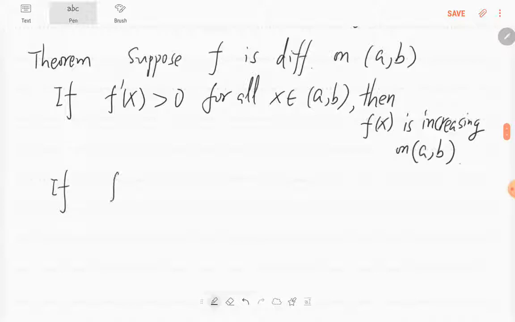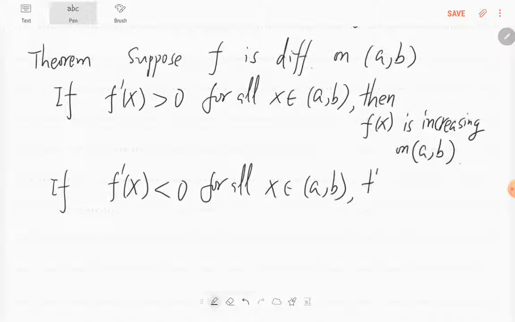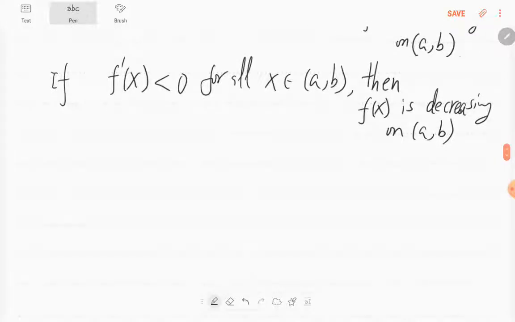If the derivative is less than 0 for all x in (a, b), then f(x) is decreasing on (a, b). How about equals 0?